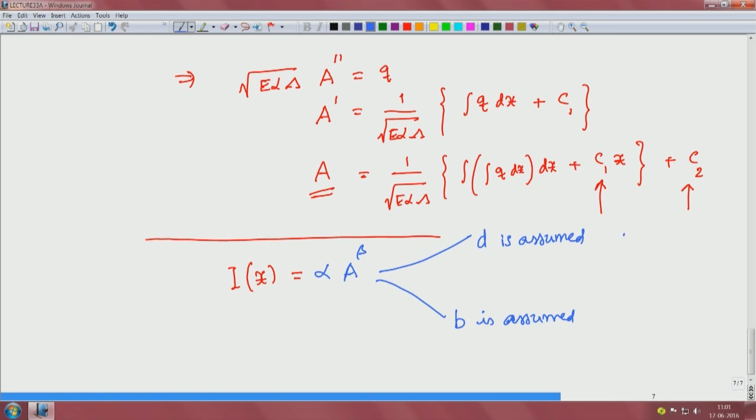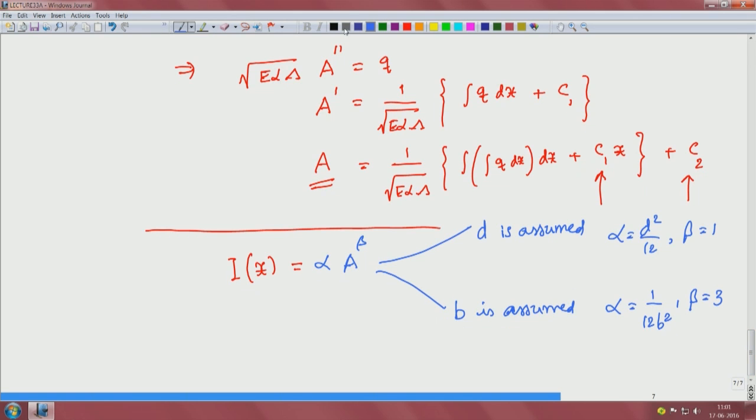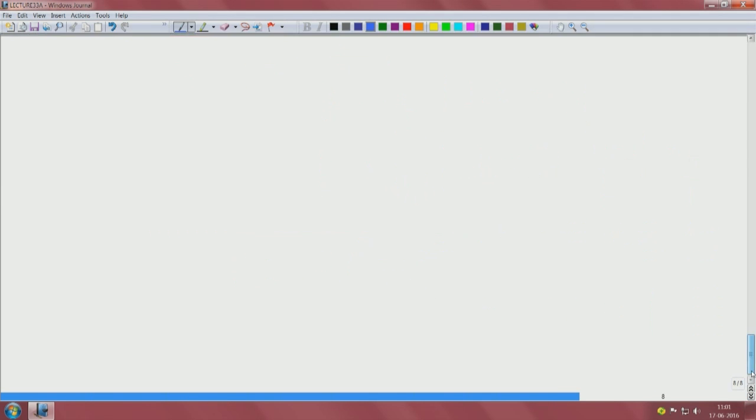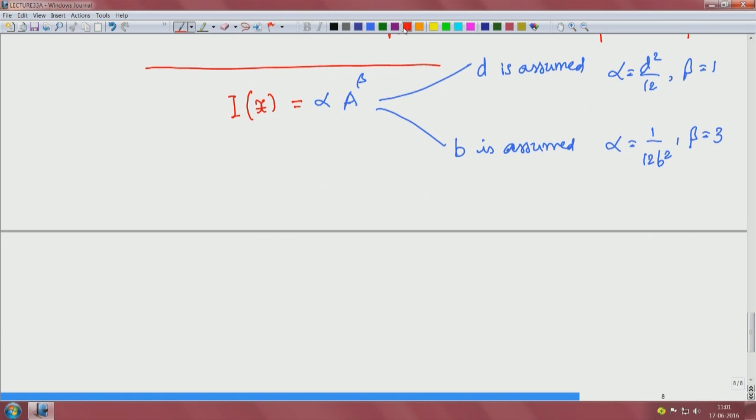So, this gave us alpha equal to d square by 12 and beta equal to 1, which was easy. And now, if B is assumed, alpha was 1 over 12 b square and beta equal to 3.